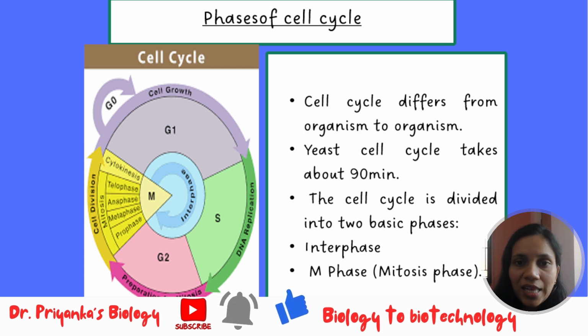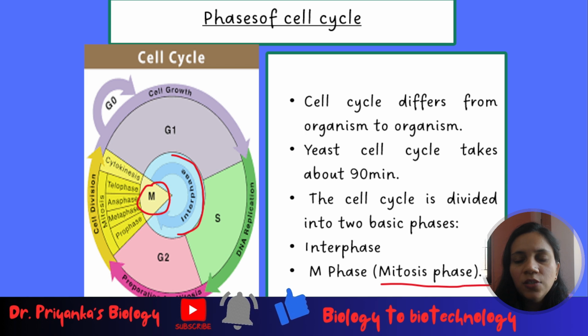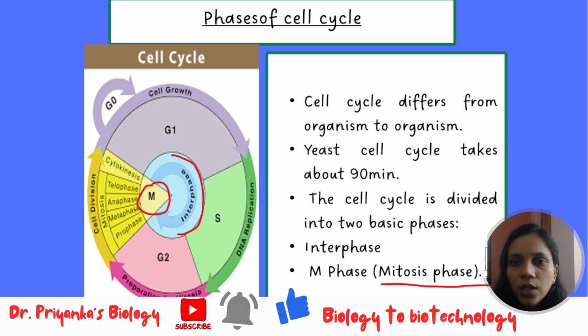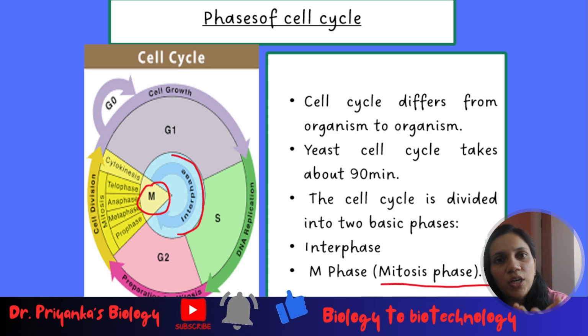Here the cell cycle is basically divided into two parts: the first part is the interphase and the second part is the M phase, or the mitosis phase. Now we have to remember one key point: the cell cycle differs from organism to organism. For example, take human cells grown under culture conditions.